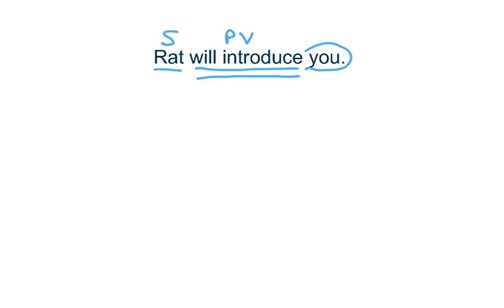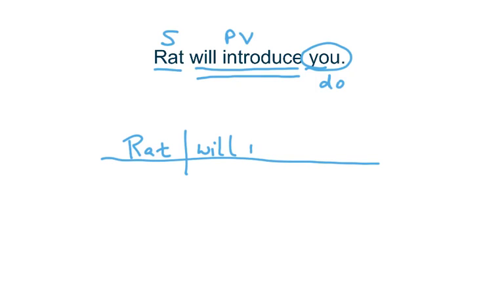He will introduce you, direct object, right? And that's really easy to diagram. I don't think our diagrams have gotten any harder this week. They have just started using object pronouns. Okay.